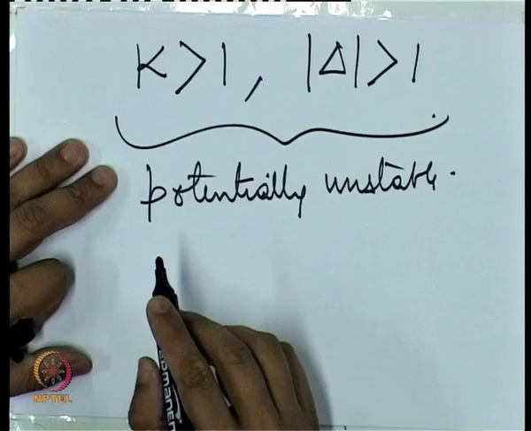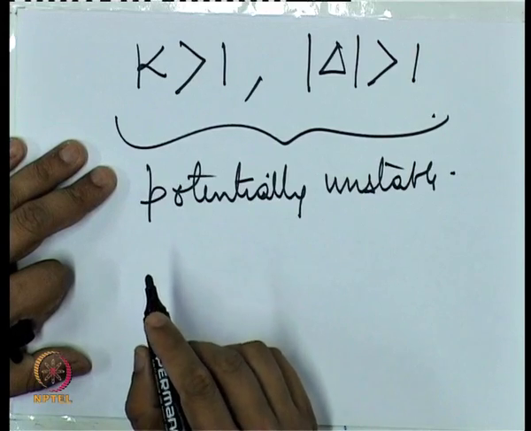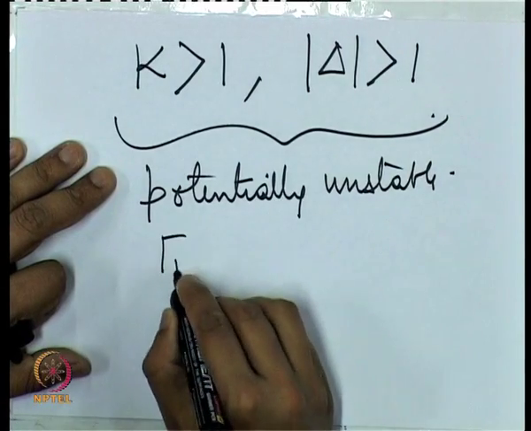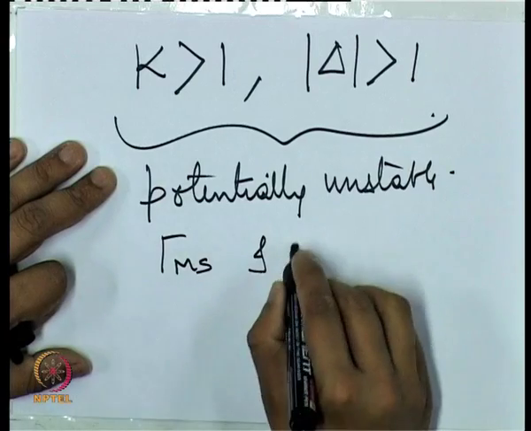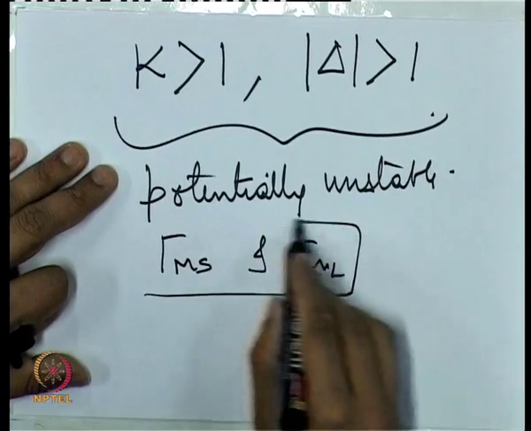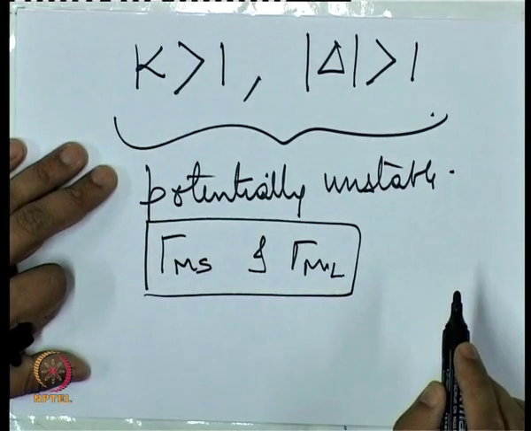For this particular case also, it is possible to find a value of gamma ms and gamma ml, and these values are the same that we obtained for the unconditionally stable case.